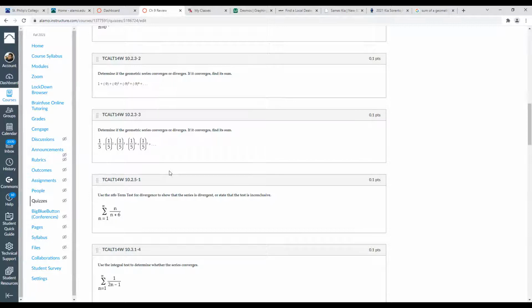I recommend you put all the rules on one page. When I was a tutor, I'd carry note cards around, like all the ratio and root tests. Eventually, I didn't need them anymore.